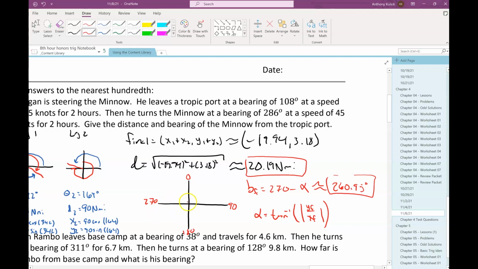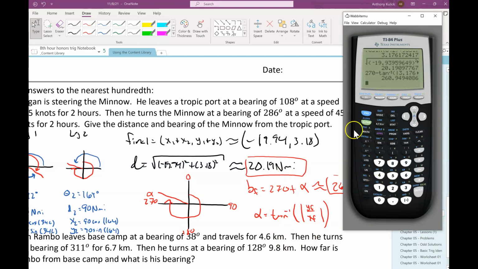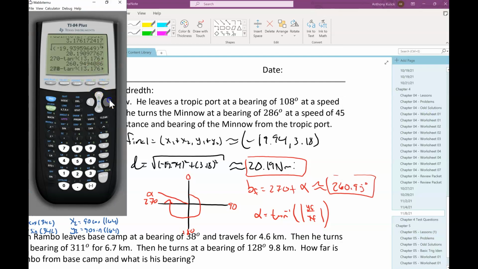No, you graphed negative 19, negative 3. So that should be plus alpha. Mr. Kulik, you are so dumb sometimes. I'm trying not to be, but graphing points is hard sometimes, guys. And there's my 279.05.